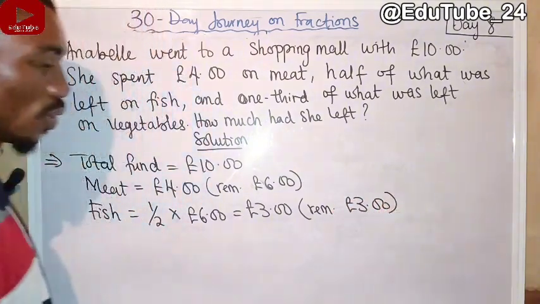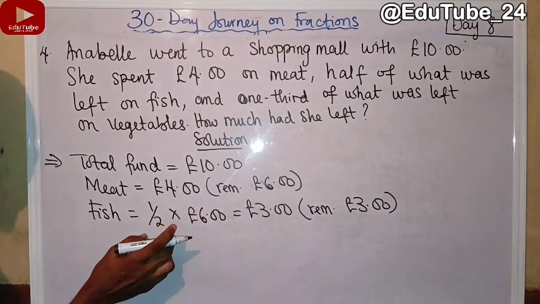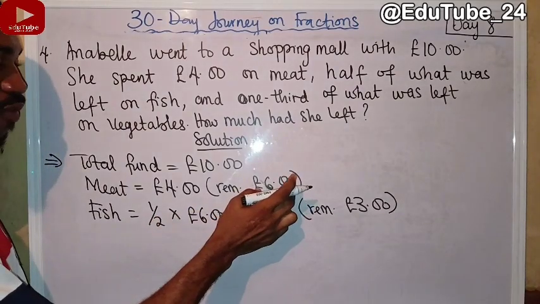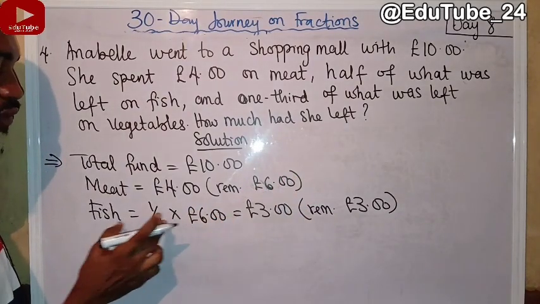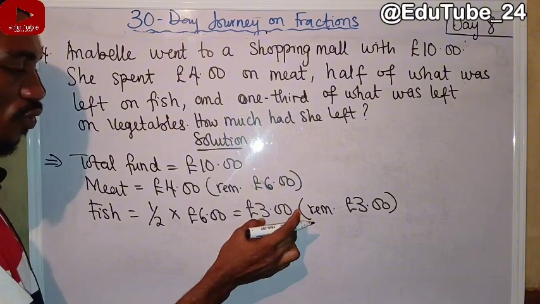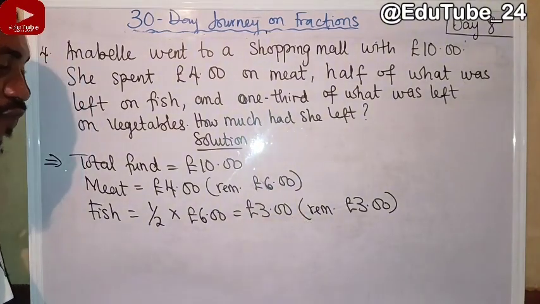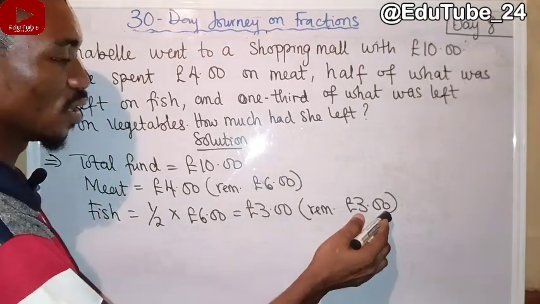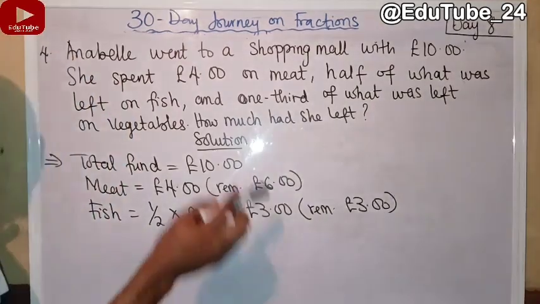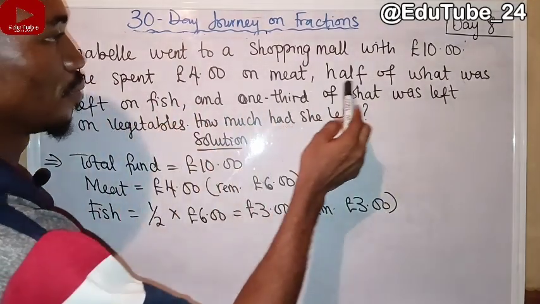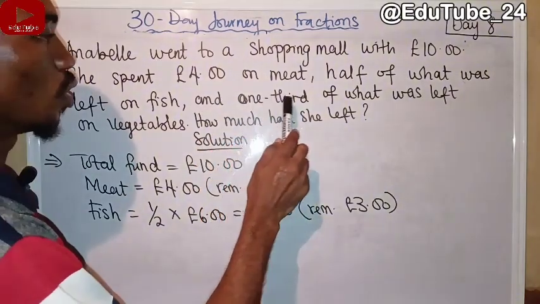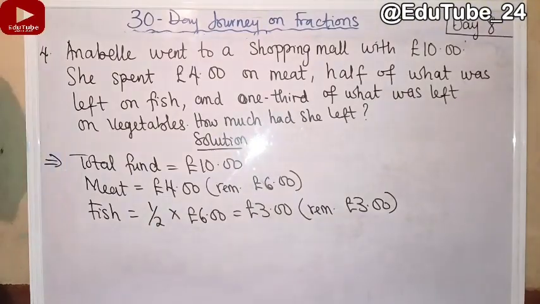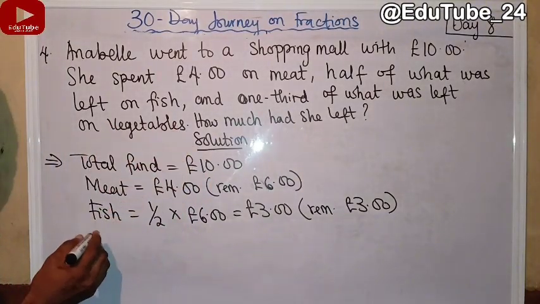Please take note and don't get confused. She spent half of what she had left before, which is £6, on fish, and that was £3. If we take away this £3 from £6, that means she has £3 left. Okay, and then the question proceeds to say 1/3 of what was left on vegetables.